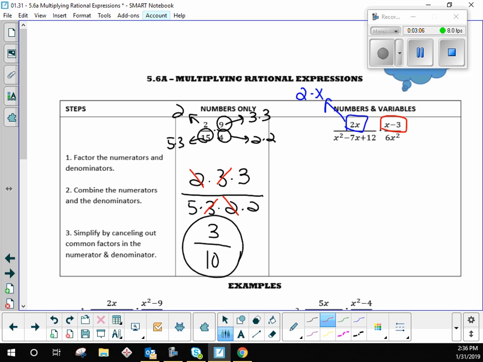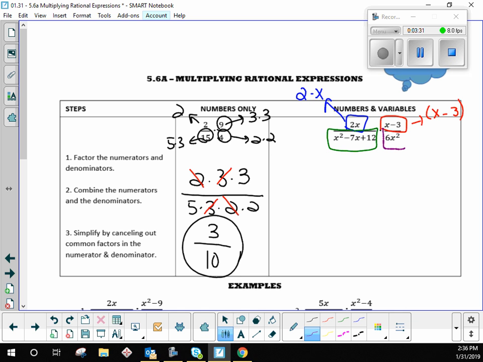Whenever you see a minus or subtract, what you end up having to do is just group those things together in parentheses. You cannot break it down anymore. You just group it together, x minus 3, okay? Because you can't factor it. You can't make it into something times something. It's something minus something. And then for this one, we're going to save that part for last.